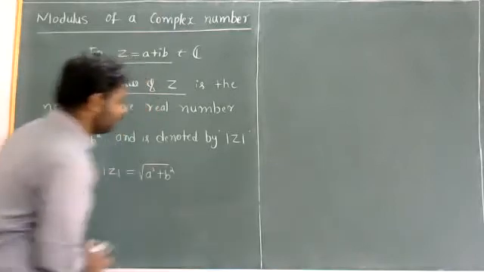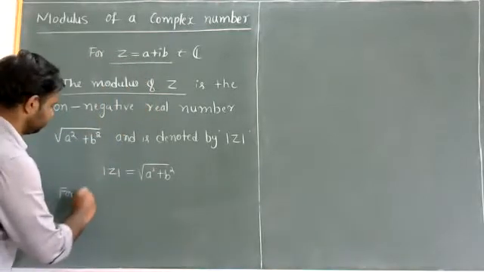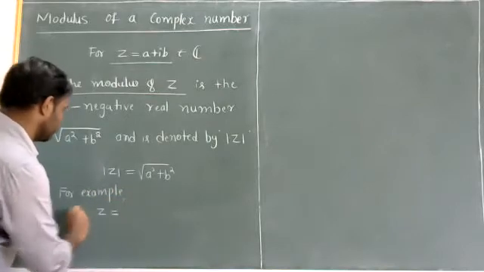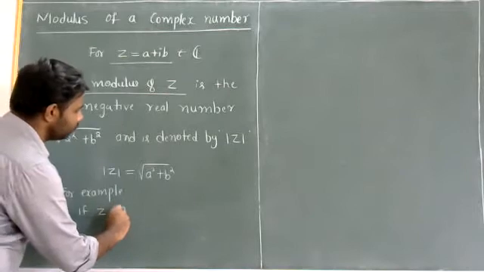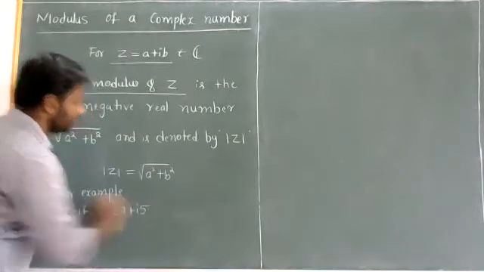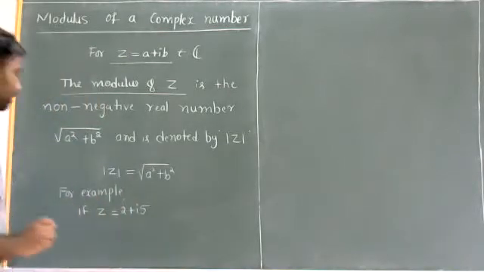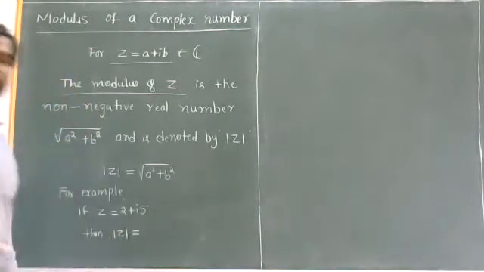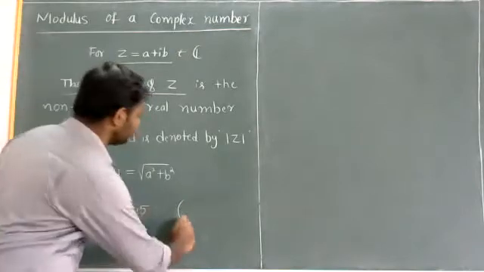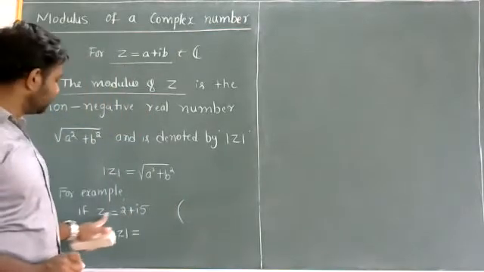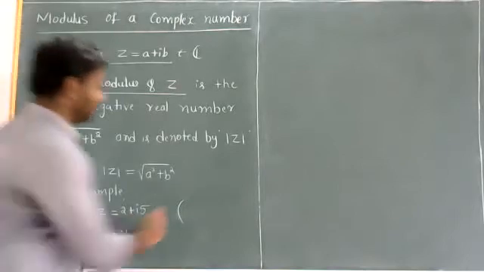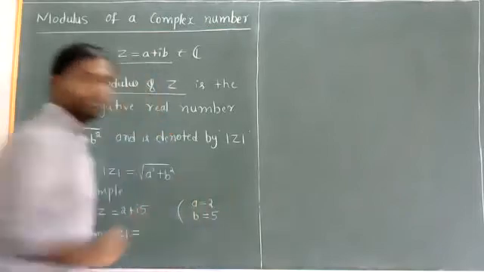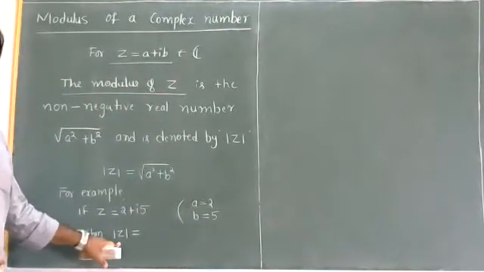For example, if z is equal to say 2 plus i5, then the modulus of z is, so here the given complex number is 2 plus i5. It means in place of a we have 2 and in place of b we have 5. So modulus of z means what?